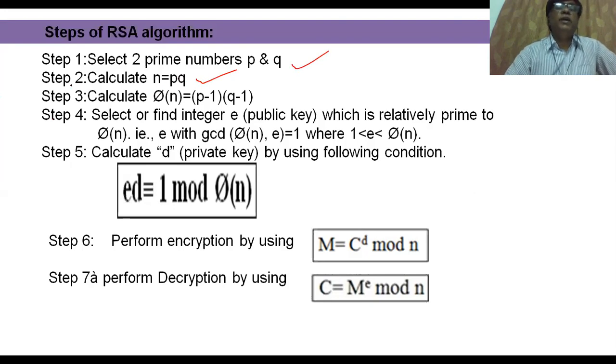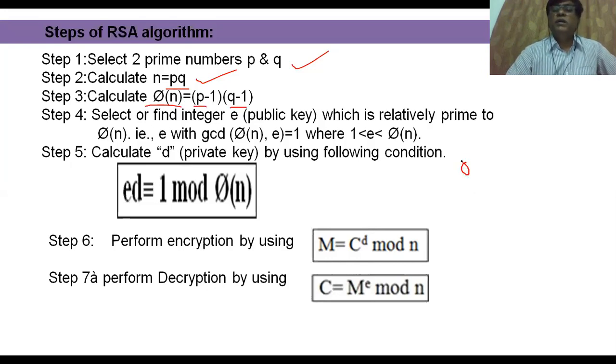Then calculate phi of N, Euler's totient function. Since both are prime numbers, phi of N is equal to (P minus 1) into (Q minus 1). Because, for example, phi of any prime number P is P minus 1. So phi of P into Q means phi of (P minus 1) into (Q minus 1).